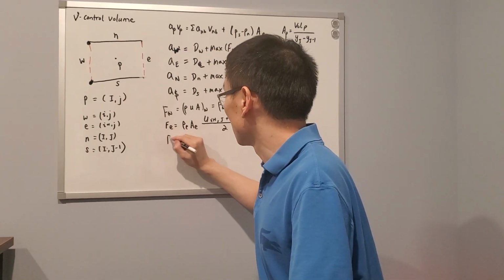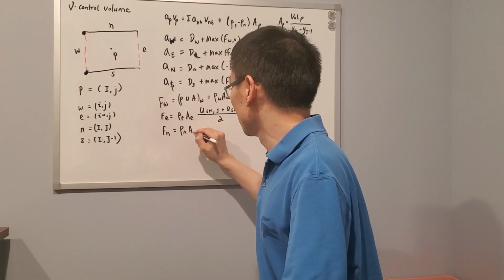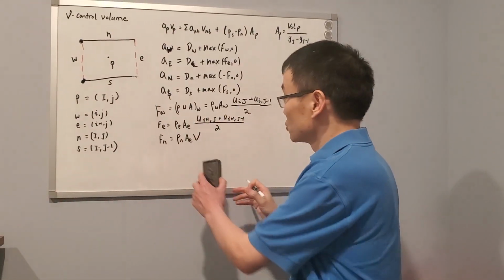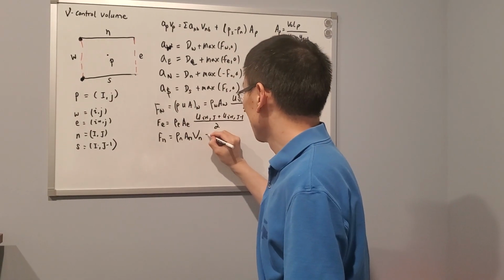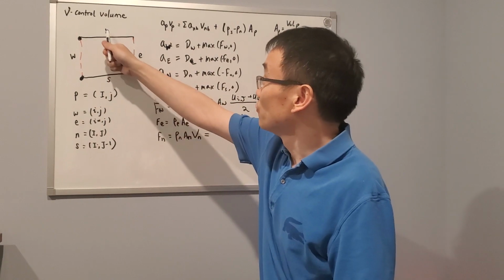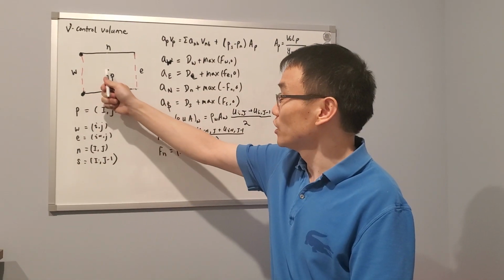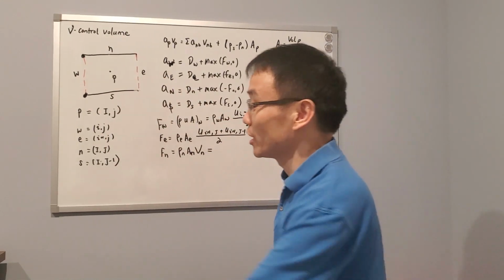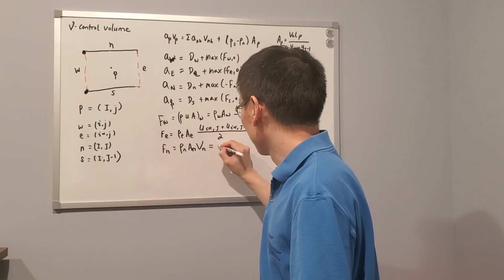Okay, so now Fn will be rho N AN and Vn. Vn over here, we know the Vn from Vp from the cell centroid, and we know V capital N on the top. So now that would be the average.